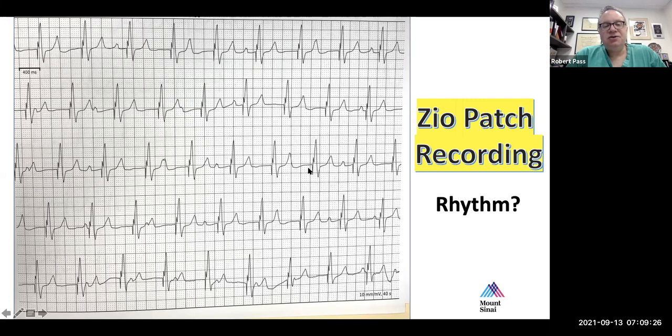Every QRS on this tracing is paced. And I think that this little sharp deflection at the beginning of the QRS, which you may have been thinking was a delta wave or the beginning of a delta wave, is not. It's actually just a pacing spike. And so if I told you that this patient has a pacemaker, based on this tracing, does the patient have a single chamber or a dual chamber pacemaker, and which chamber is being paced?